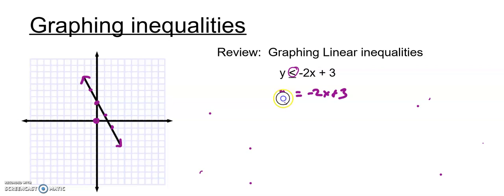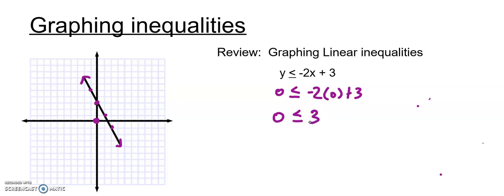So if I plug 0 and 0 into this inequality, I would get 0 is less than or equal to negative 2 times 0 plus 3. So 0 is less than or equal to, well, if you do the math on that right side, wouldn't you get 3?